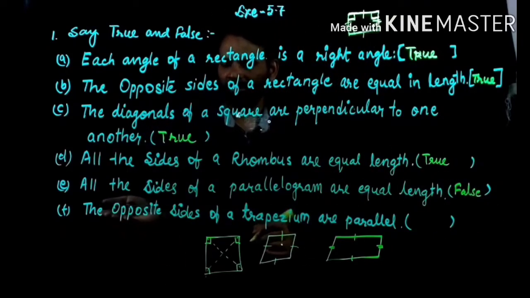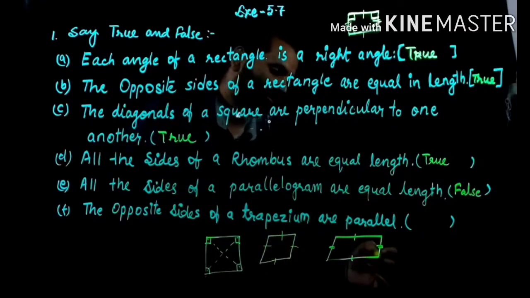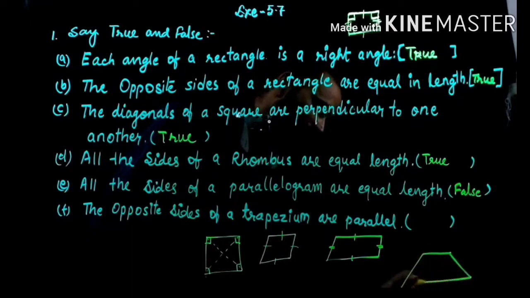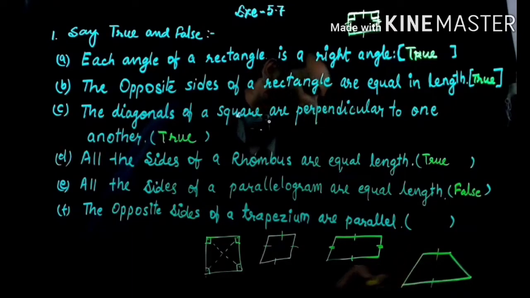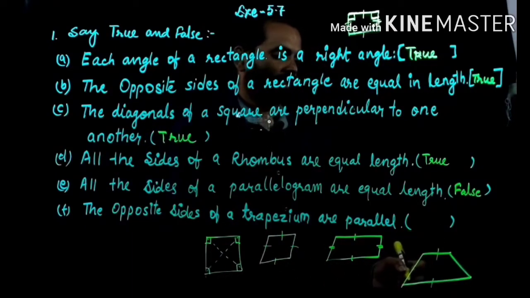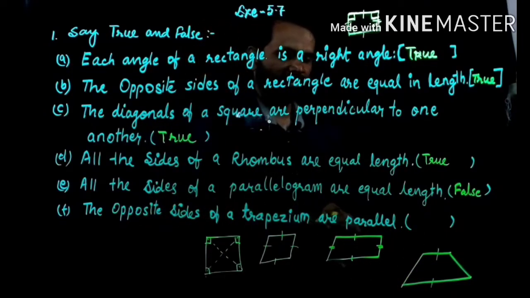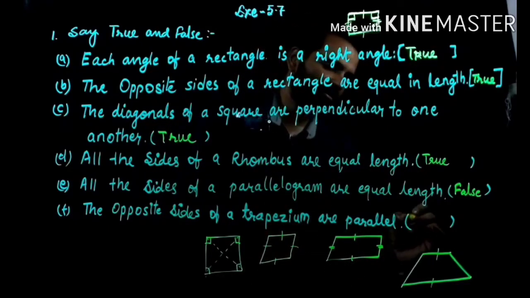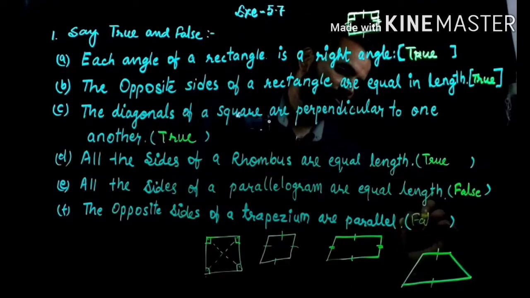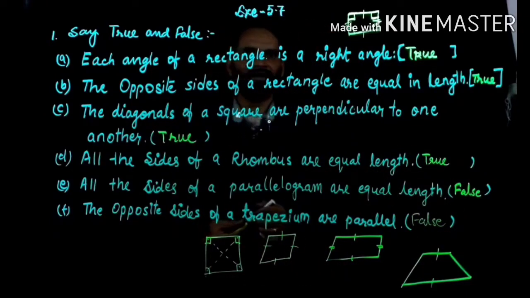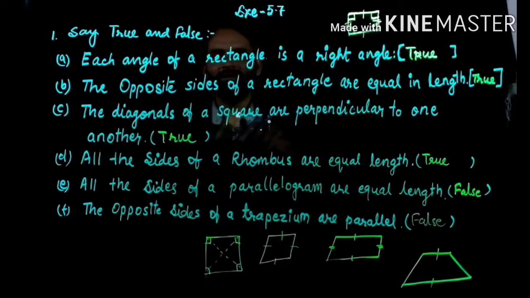And last, the opposite sides of the trapezium are parallel. Now the shape of the trapezium has only one pair of parallel sides, not equal. So the opposite sides of the trapezium are not parallel, only one pair of sides is parallel, so this is false. Okay, again each angle of the rectangle is a right angle, true.